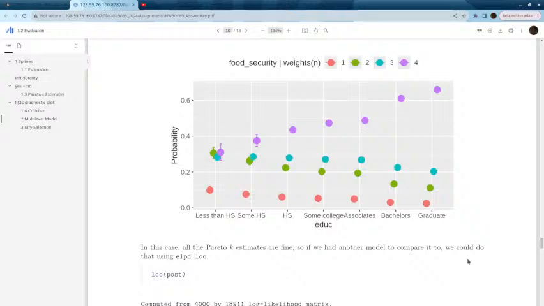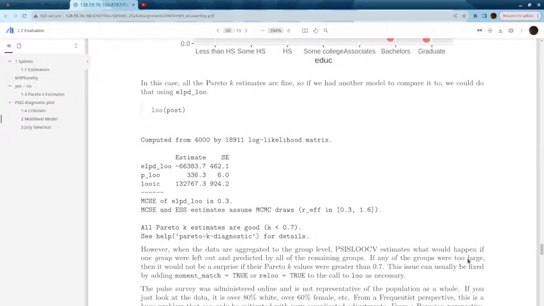And this is going to hold the other variables at their means by default. I could have gone in there and specified the means, or specified what values to evaluate this at, but I just used the defaults for it. If we had multiple models, or if you wanted to estimate multiple models, you could use LOO to compare them. Seems like it comes out fine in this case for me.